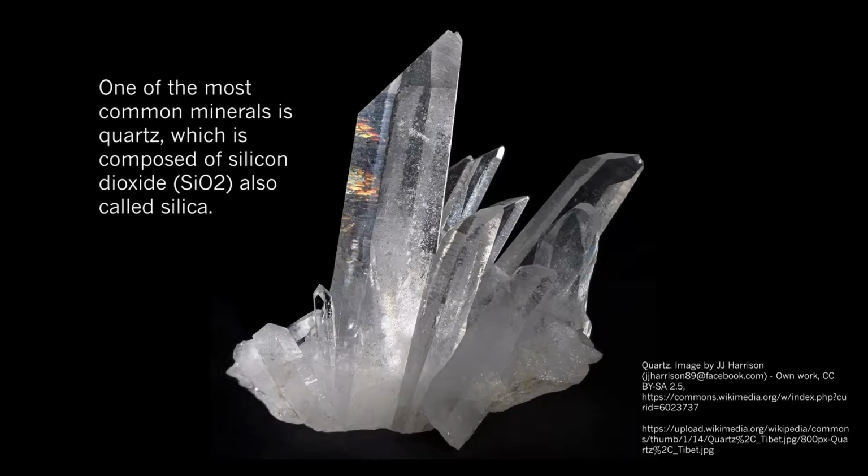One of the most common minerals on Earth is quartz, which is composed of silicon dioxide. Remember, silicon and oxygen are the most common elements in the crust, and therefore pretty much the most common mineral is quartz, which is also called silica, which is the major part of sand. Most sand is silica.